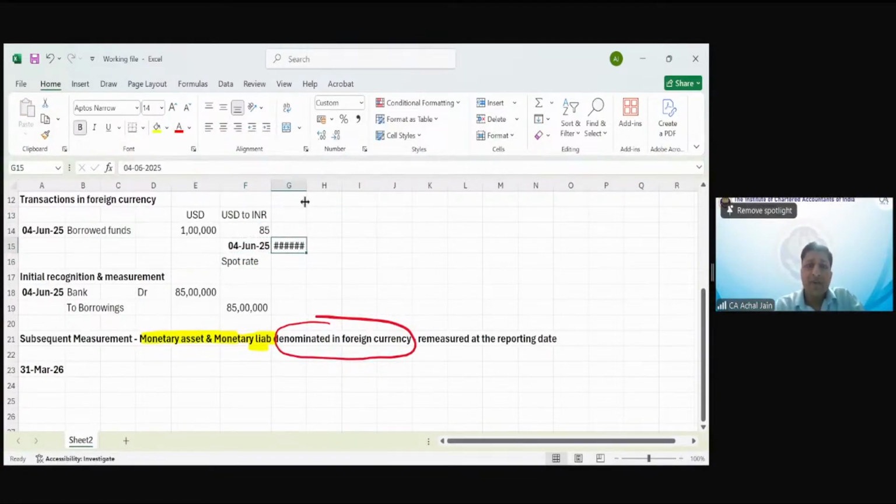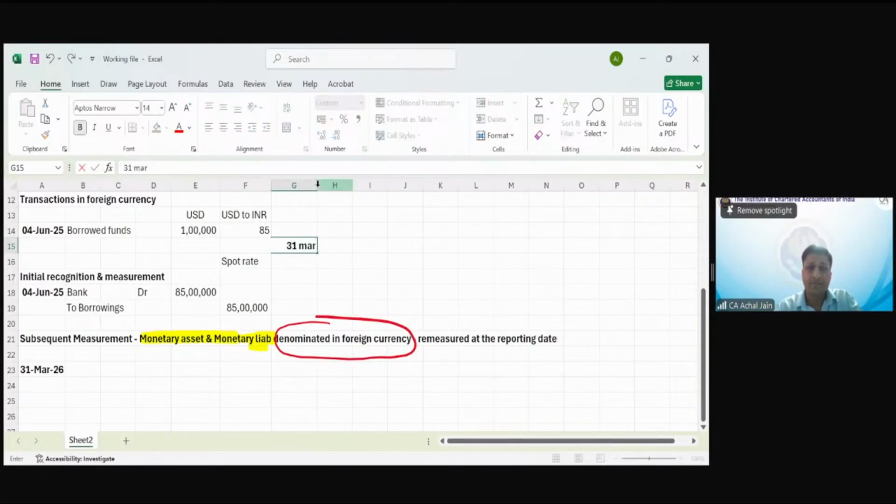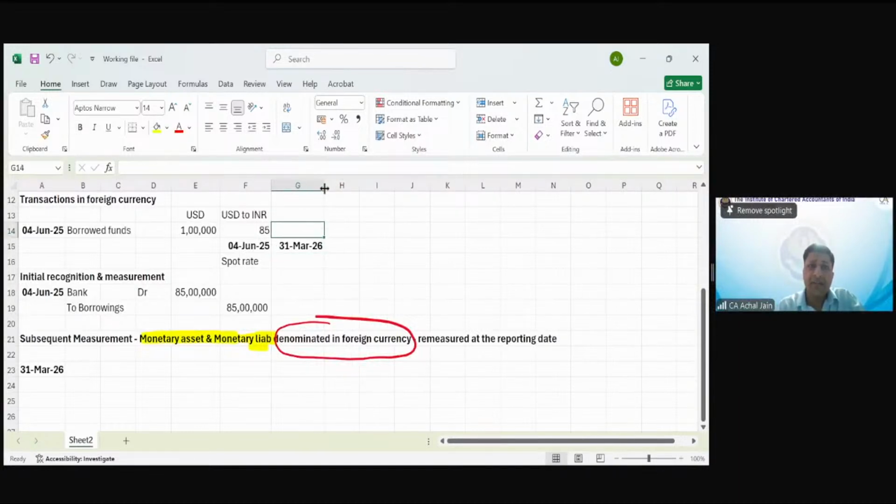Now, on 31st March 26, let's assume this rate becomes 87.